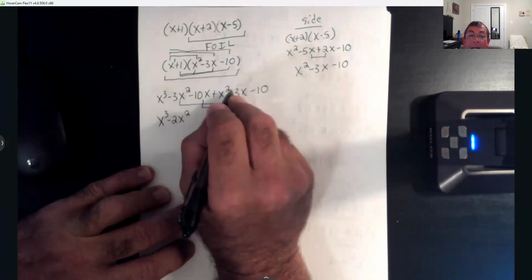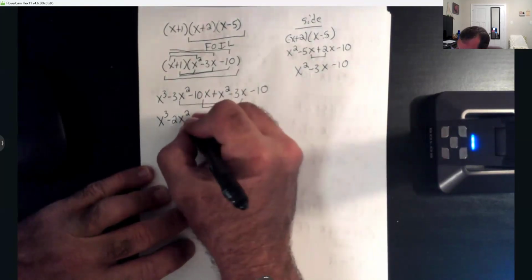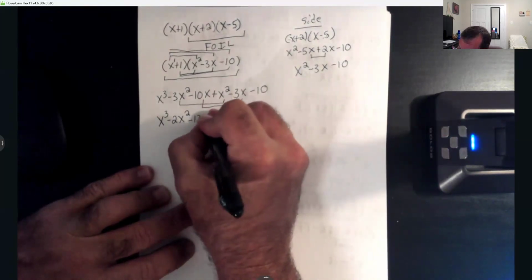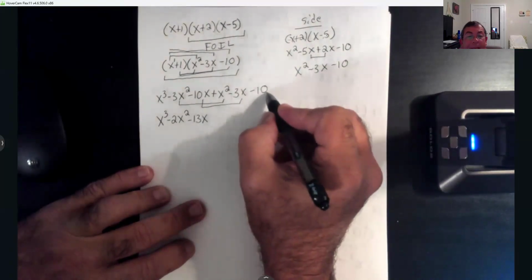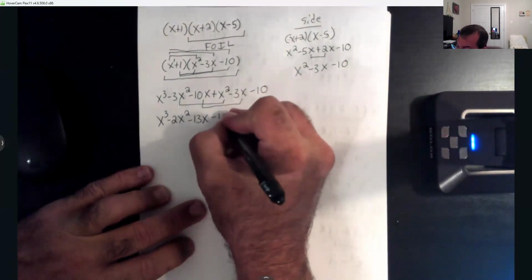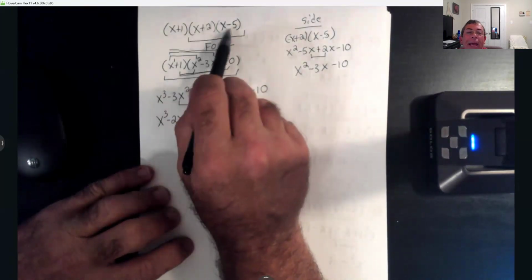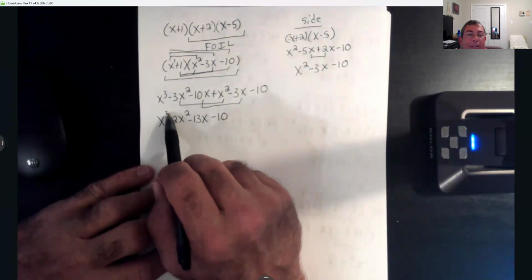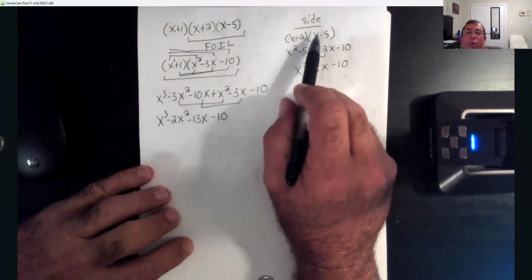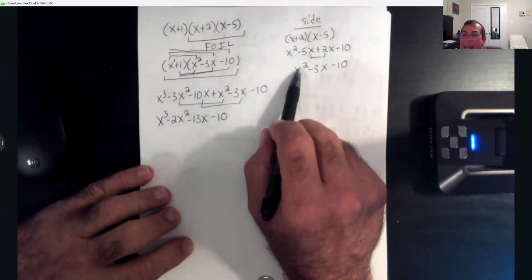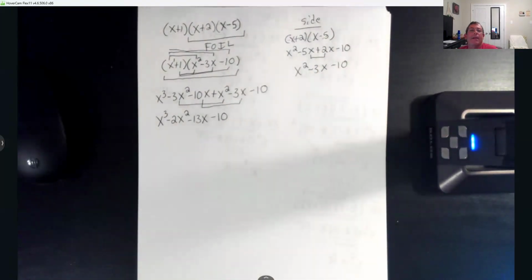So negative 10 plus a negative 3 is a negative 13x. And then at the end is your minus 10. So 3 x's, you ended up with an x cubed. 2 x's, you ended up with an x squared, okay?